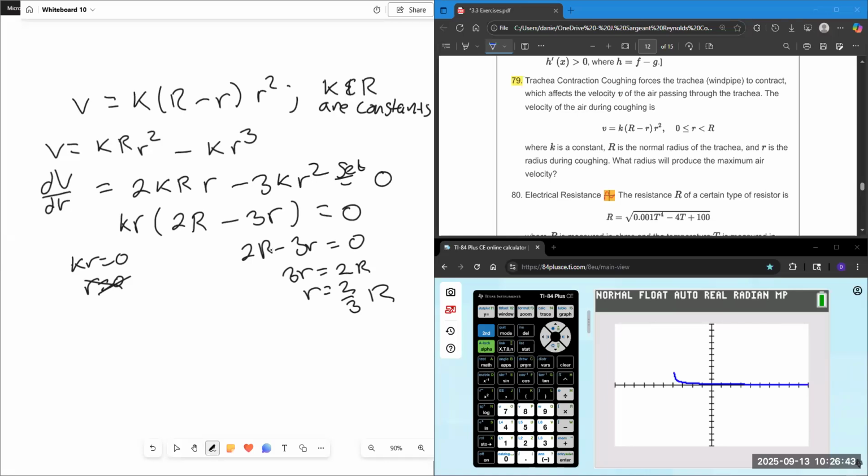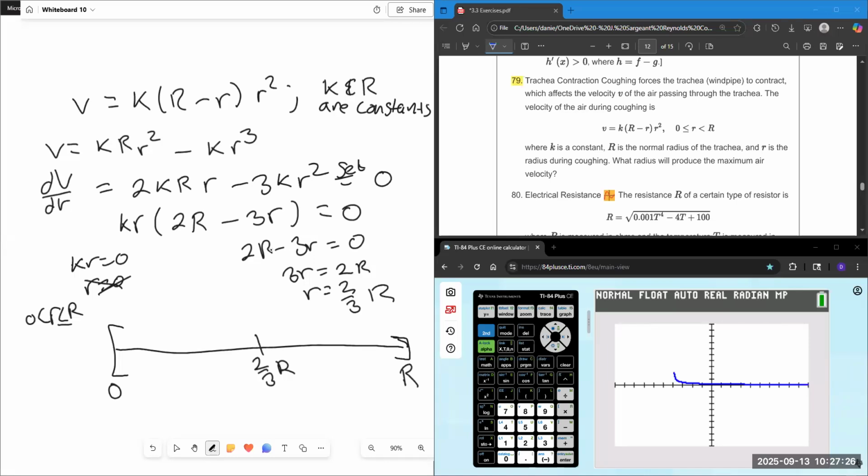I'll prove that with the first derivative test here, though, just to show you that I'm restricted here between 0 and capital R, and I have 2/3 R somewhere in between. R has to be a positive number between 0 and capital R, and it can include that one.